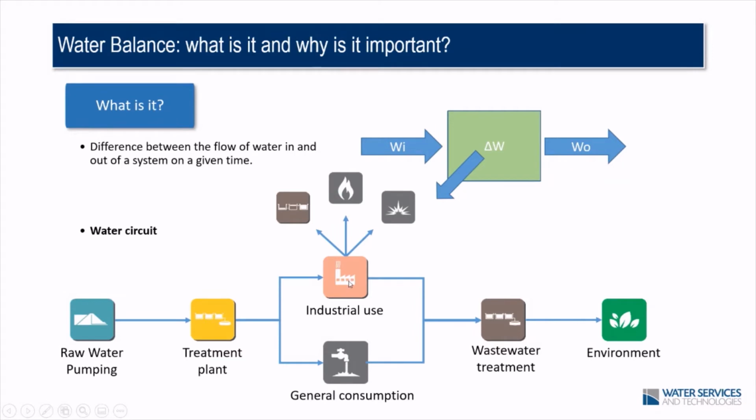Inside the industry, we can have different uses for the water, and then we have some water that returns to the wastewater treatment plant, and the water after the treatment goes back to the environment. So when we look at the whole water circuit here, we can actually see, for example, potential reuse water that we could use inside the industrial system here.